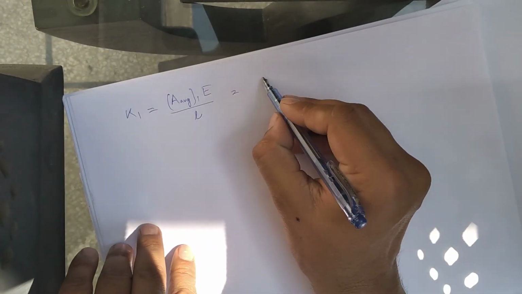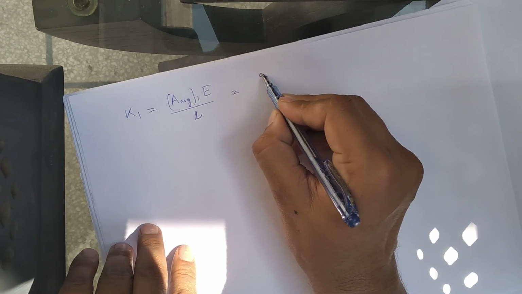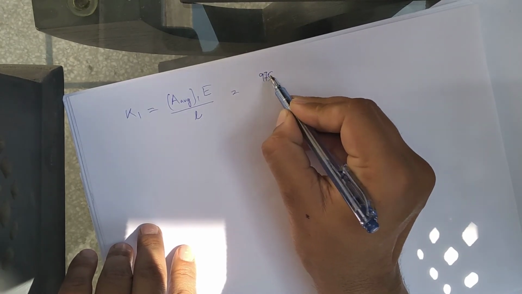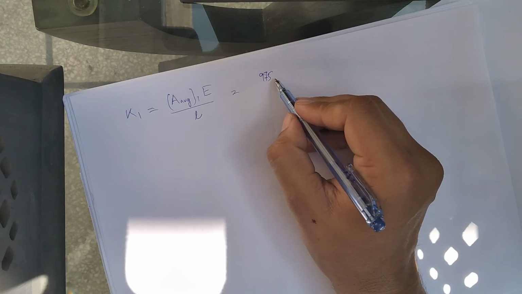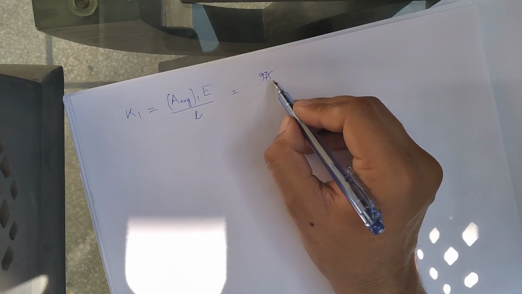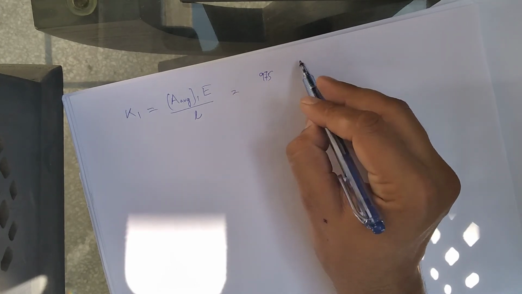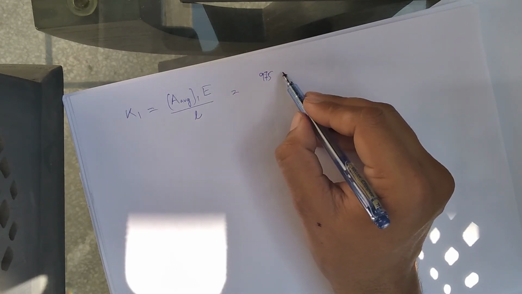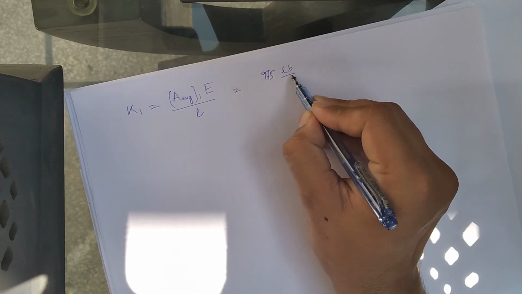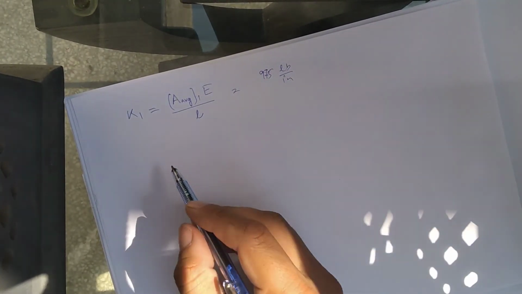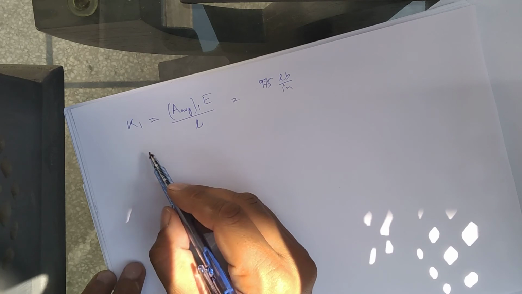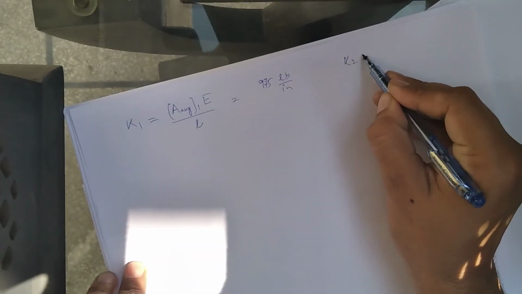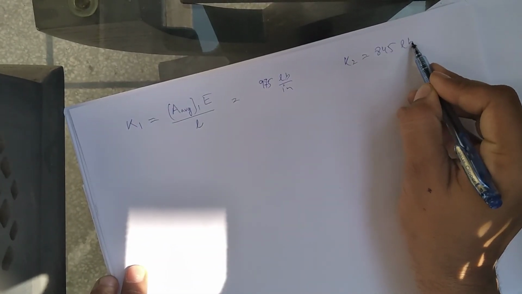K1 we get is 975 pound per inch. Similarly, K2 is 845 pound per inch.